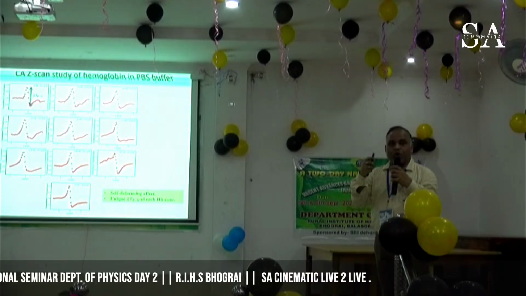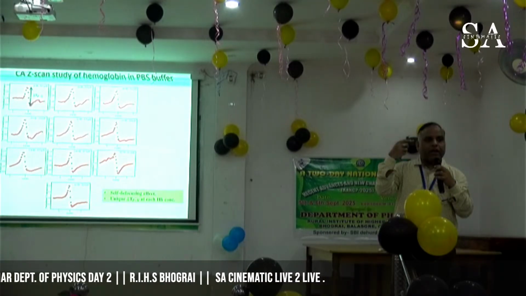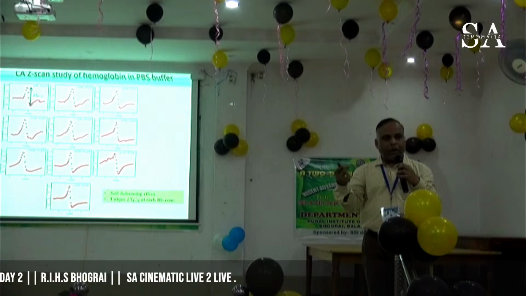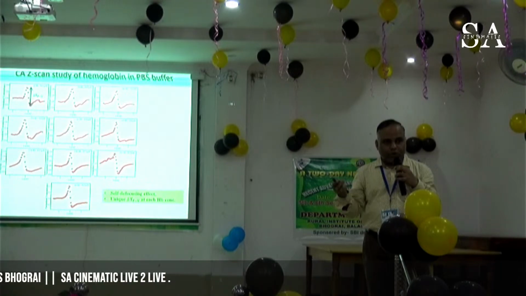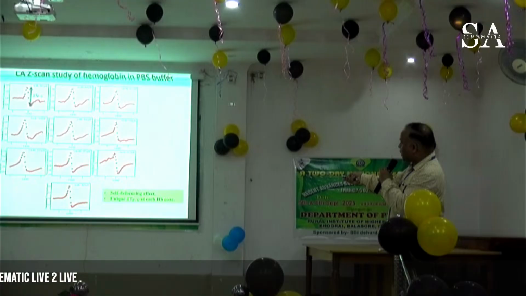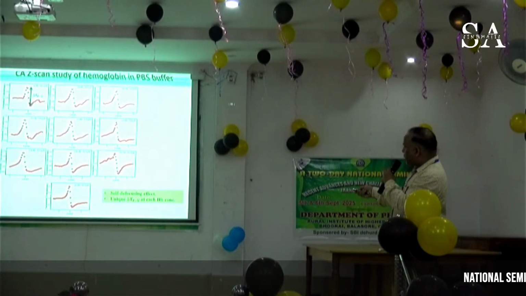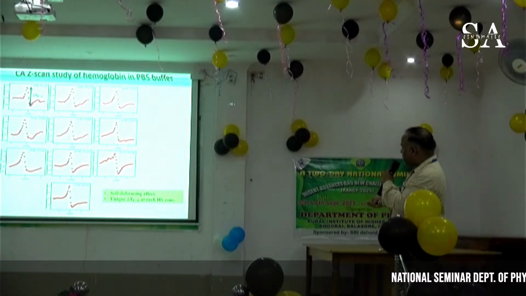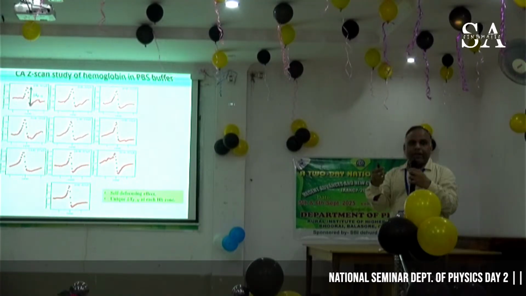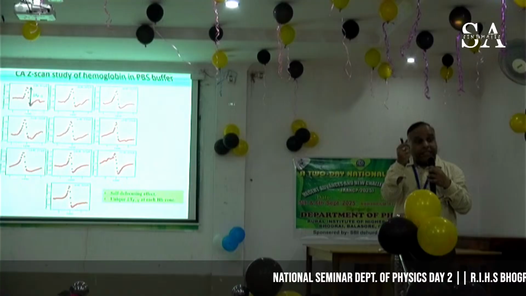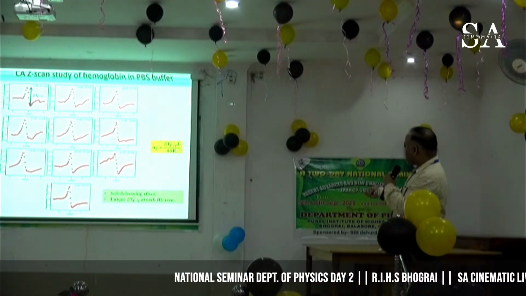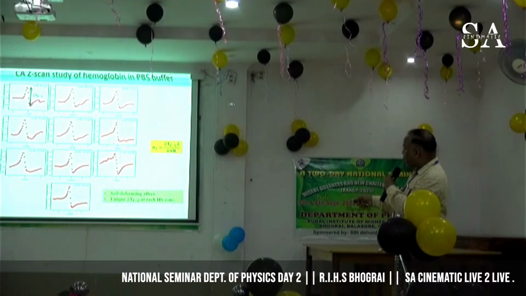If you don't want to perform the detailed data analysis, there are empirical ways to calculate this N2 also. You just measure this peak to valley difference, that is called delta T peak-valley. What we observed here is that when you increase the concentration, there is a unique delta T peak-valley value at each concentration. And we use this empirical formula to find out N2.